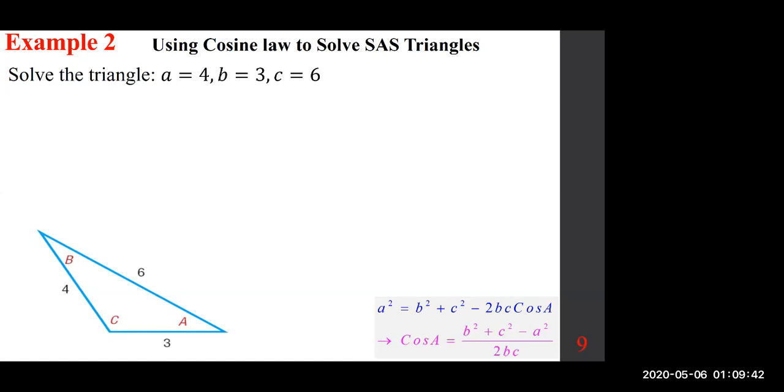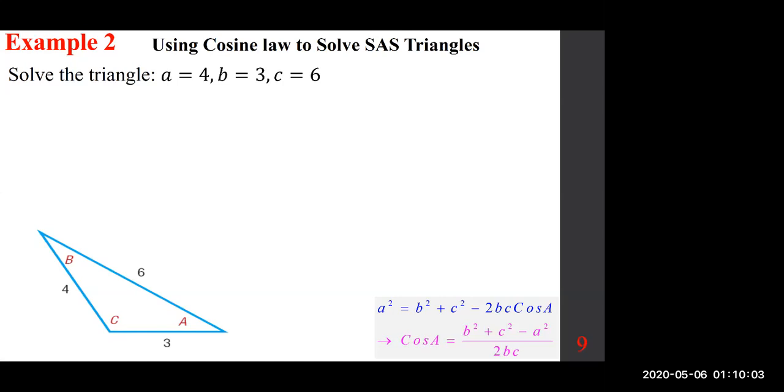Okay. Take a look at the bottom formula. Yes, the bottom formula in red or in purple gives you A. Cosine A is b squared plus c squared minus a squared over 2bc.